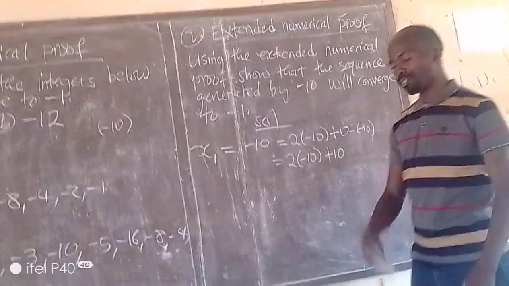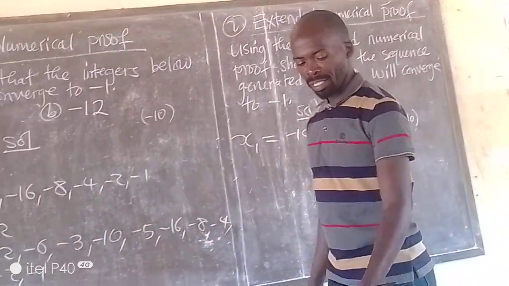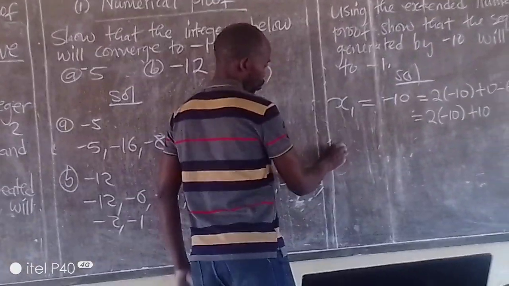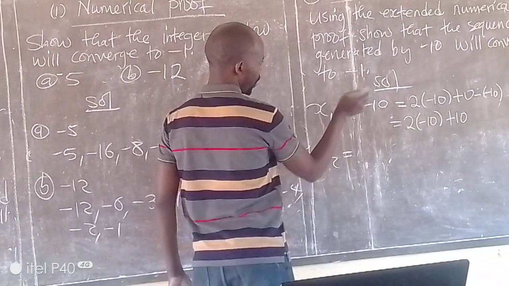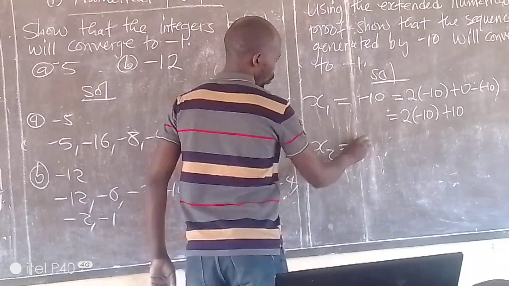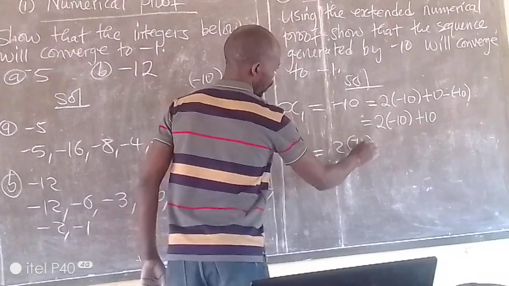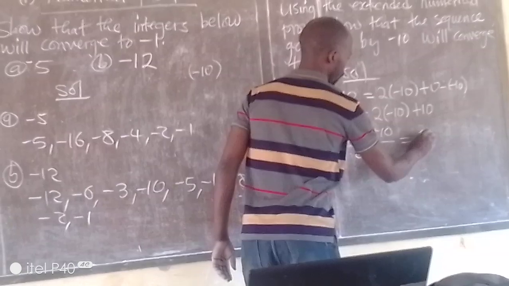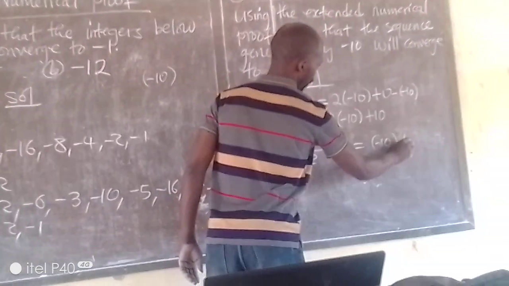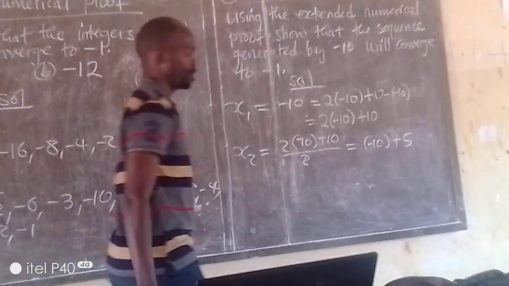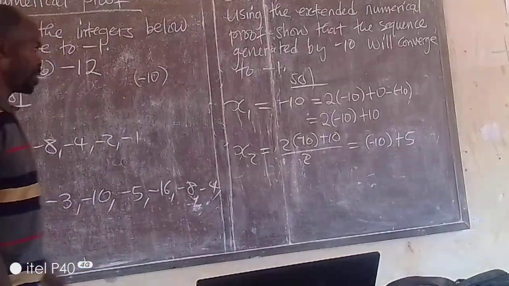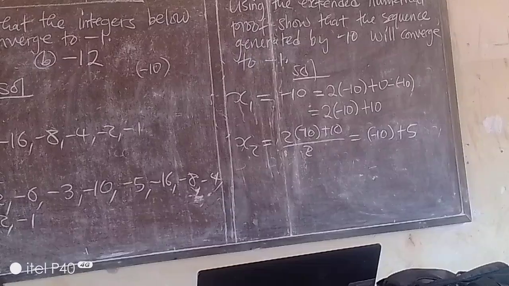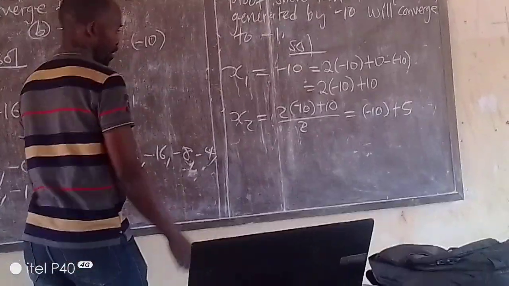So this is my first integer in this sequence. For x2, I need to divide this by 2. So 2 times negative 10 plus 10, divided by 2. The result will be negative 10 plus 5. Negative 10 plus 5 is in fact odd. We need to multiply it by 3 and subtract a 1.